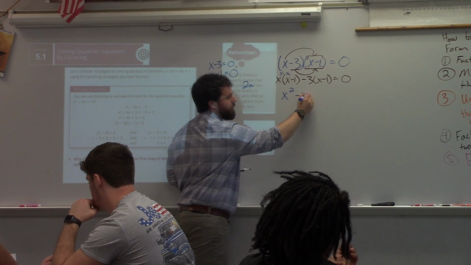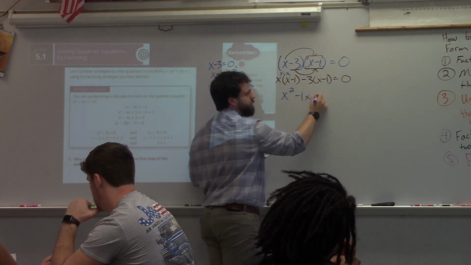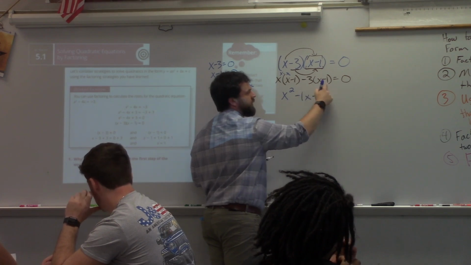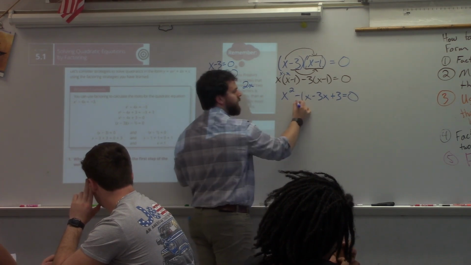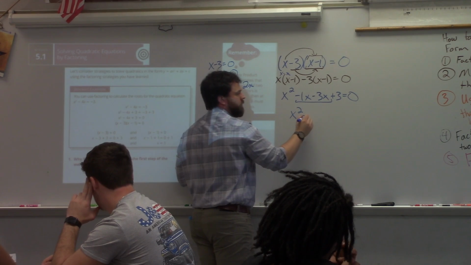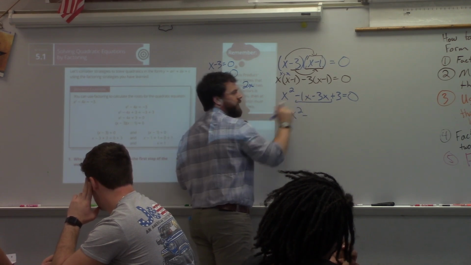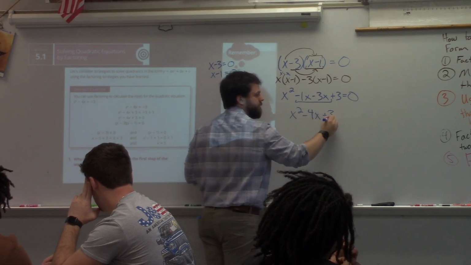Minus 1x. Negative 3 times x. Negative 3 times negative 1 is plus. Okay. What is negative x minus 3x? Guys, we got calculators. Negative 1 minus 3.